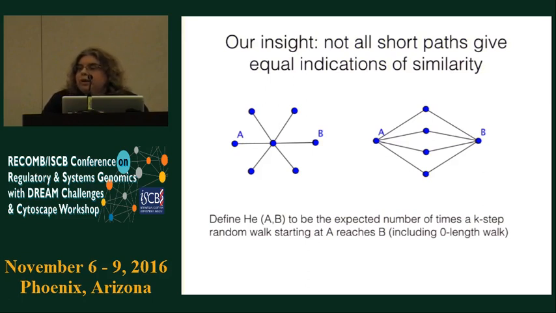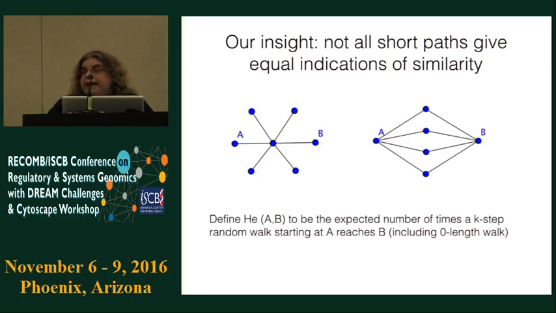We think paths through hubs should count for less in terms of inferring some kind of similarity between nodes. So how can we come up with a new distance metric that's different from shortest path that takes this into account when it gives distances between nodes in this network?